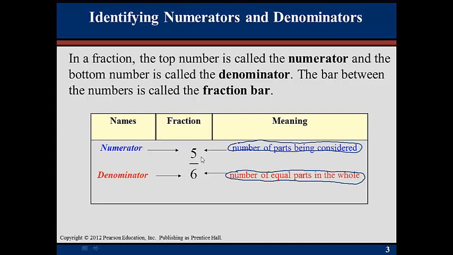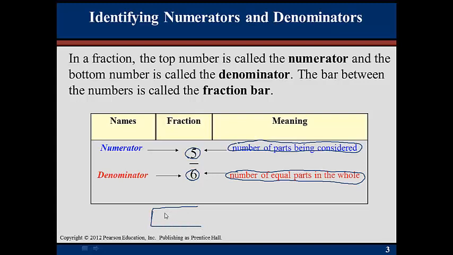In this example, we have 5 divided by 6, or you can say 5 sixths. 5 is the numerator, and 6 is the denominator. There are 6 equal parts in a whole, and 5 of them are being considered. So if I wanted to draw this fraction, I can use rectangles.